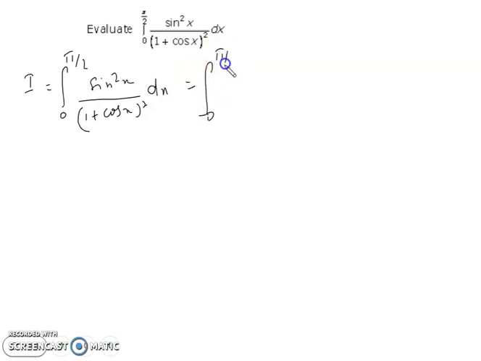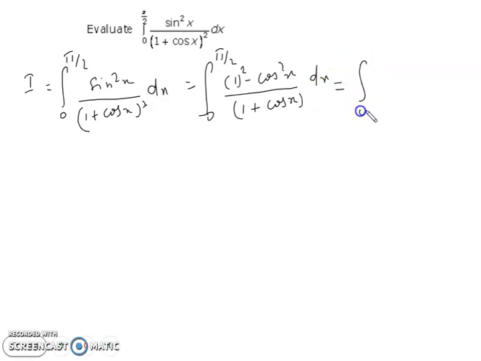the integral from 0 to pi by 2, where sin square x is equal to 1 minus cos square x, divided by (1 plus cos x) whole square dx, and it is in the form of a square minus b square.